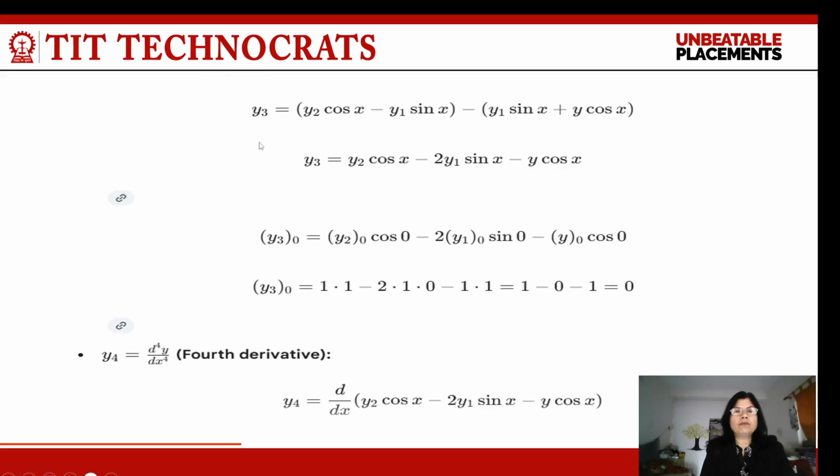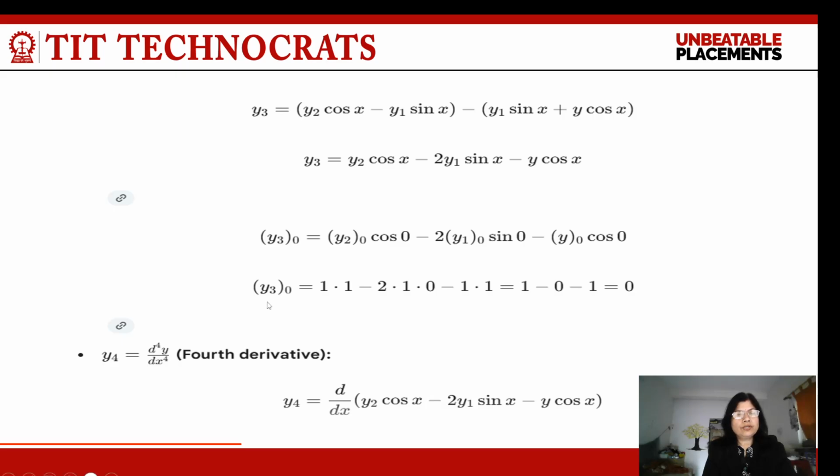We get y3 is equal to y2 cos x minus 2y1 sin x minus y cos x, and again at 0 we get y2(0) cos 0 minus 2y1(0) sin 0 minus y(0) cos 0, so we get it is equal to 0.